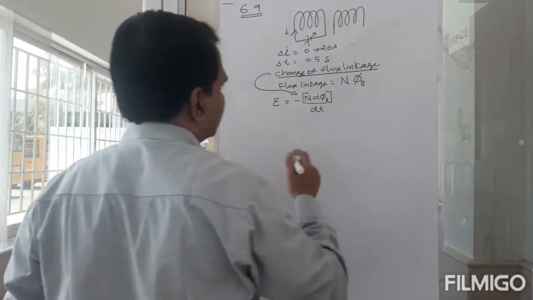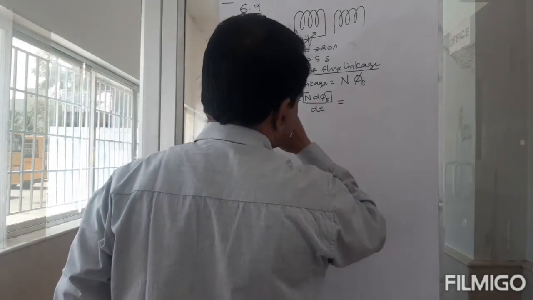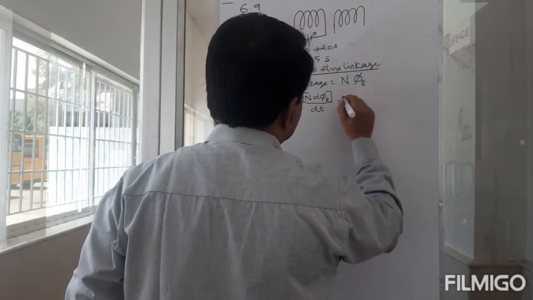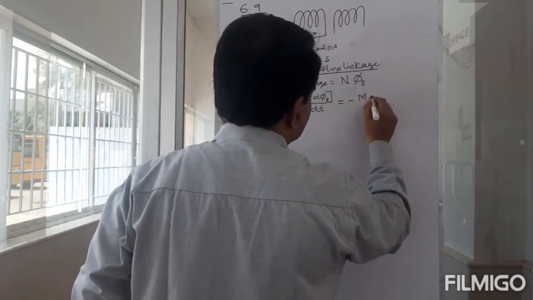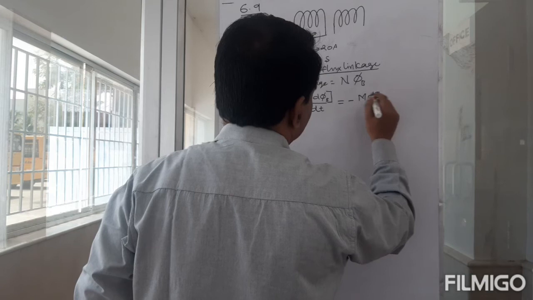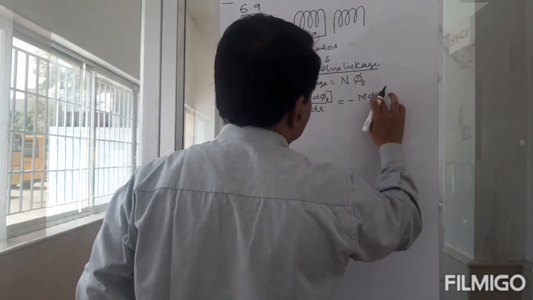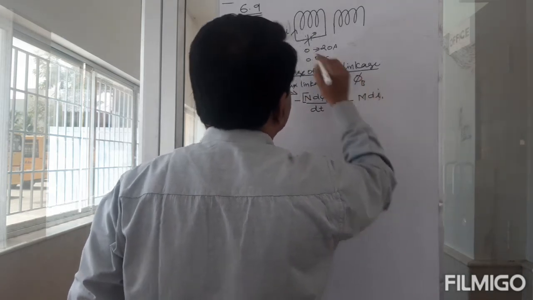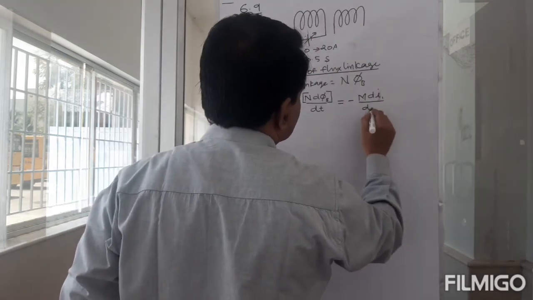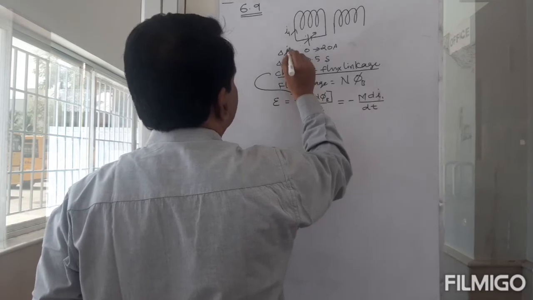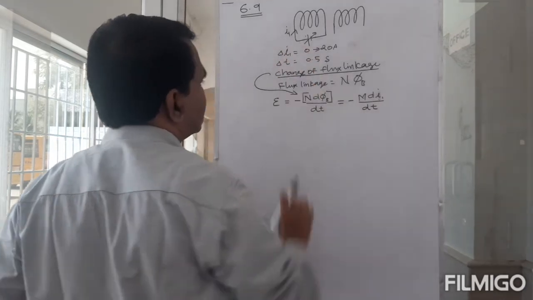And what else do we know? We also know that this is equal to minus M, the mutual inductance, into dI of the first coil, dI1, let's say this is I1, this will be I2, right, dI1 by dt.